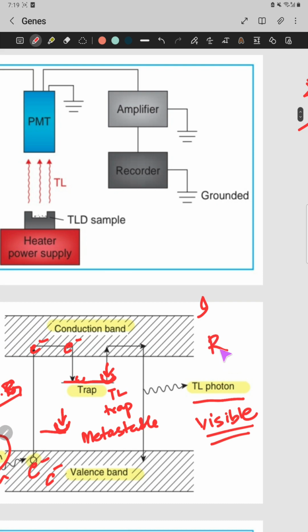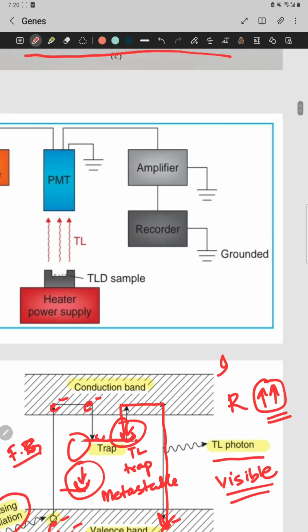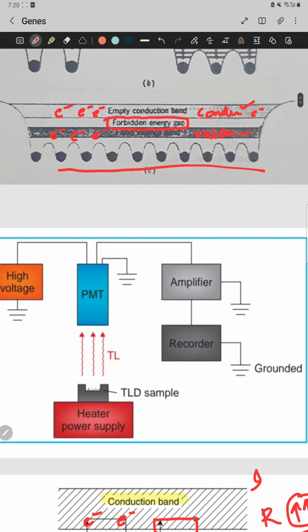So at room temperature, they are trapped in the forbidden band. Now if you increase the temperature, the electrons come from the forbidden state to the conduction band, and then fall back to the valence band. So this happens when you apply heat. This is the basic procedure of how it works.